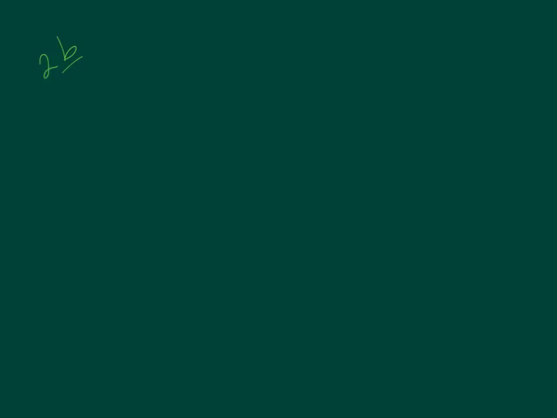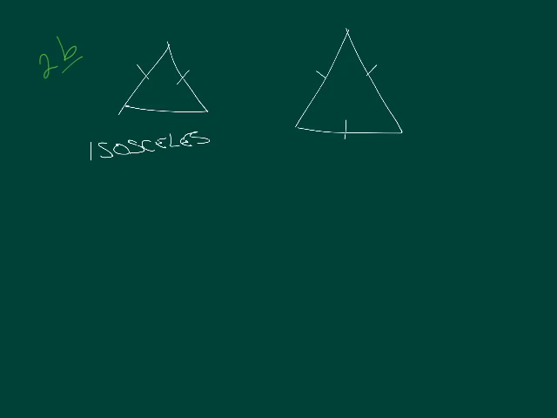When we have a triangle that has two sides that are the same, so if this side and this side are the same, that is what is called an isosceles triangle. When all of the sides are the same, we have an equilateral triangle.